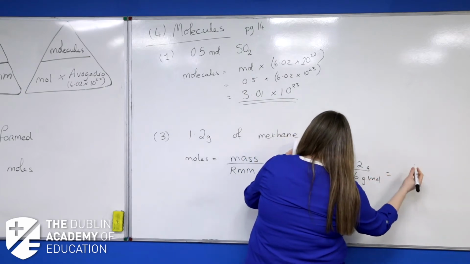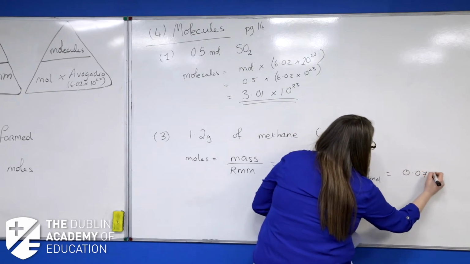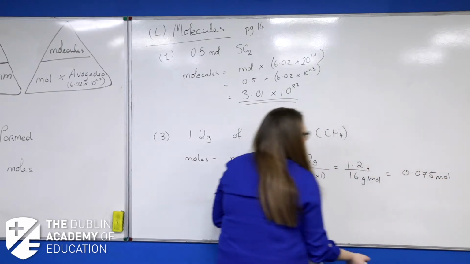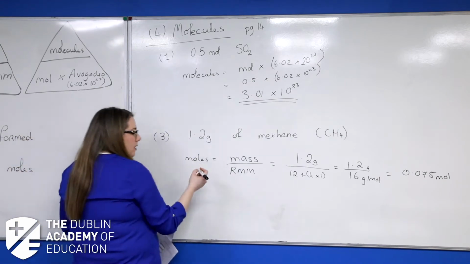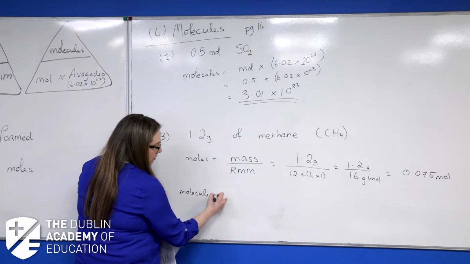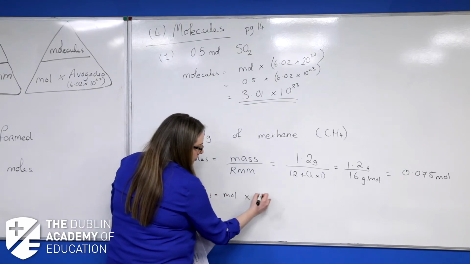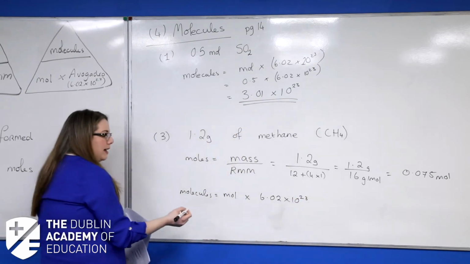And when you divide that, you're going to get 0.075 moles. Next, once you have moles, then you can work out molecules. Because it's moles times Avogadro.